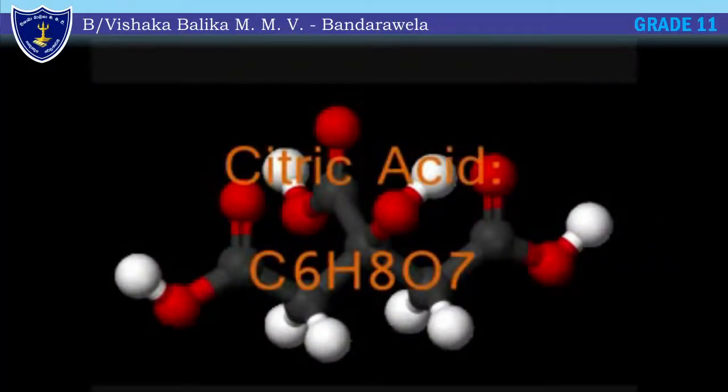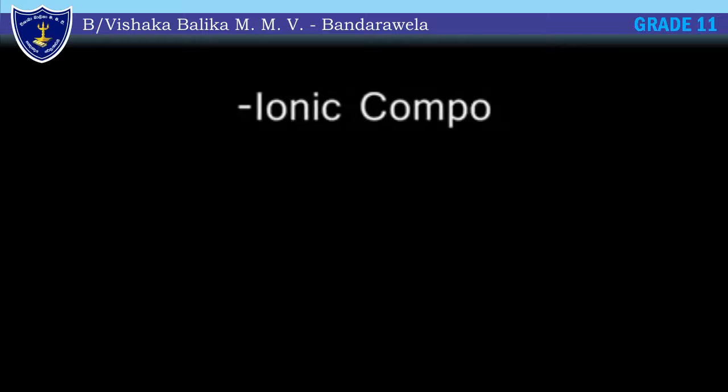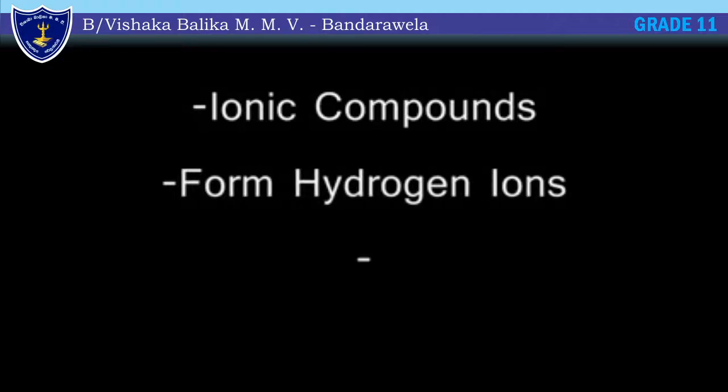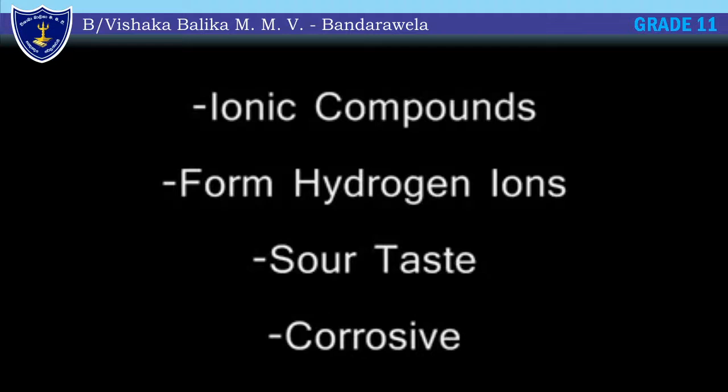Citric acid is a safe acid. Look at the features of this ionic compound. An ionic compound dissolves in water, forms hydrogen ions, and is sour in taste. And corrosive, not all, some are corrosive.